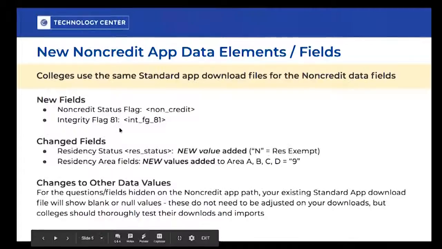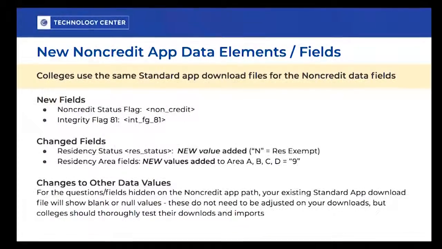A couple differences. There are 2 new fields that were added specifically for the non-credit application, and they're both optional. One is called non_credit, and it's basically a flag for the college that says, hey, this student applied through the non-credit URL.